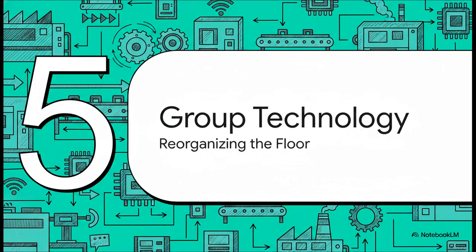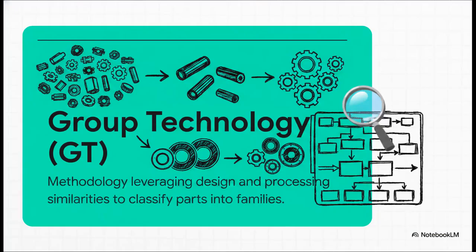Okay, so we've covered the software side heavily, but how do we physically organize these incredibly fast machines to actually keep up? We'll see how factories physically optimize themselves in our final section, Part 5, the Group Technology Advantage, reorganizing the factory floor. Making this work requires a methodology called Group Technology, or GT.